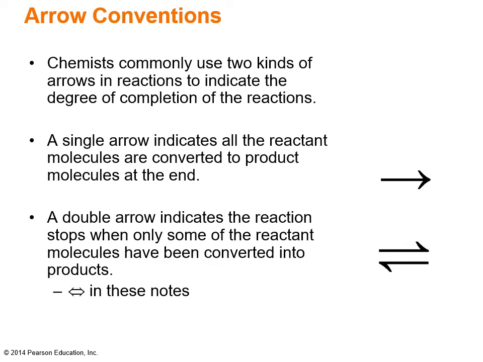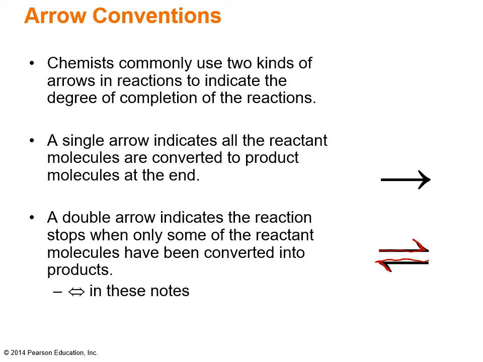In this chapter, we're going to talk about equilibrium. So the reaction is going to go in the forward direction, but it also has the ability to go in the reverse direction. When that is the case, we use a double-headed arrow, and they're drawn as half arrows, showing that the reaction can go in both directions.